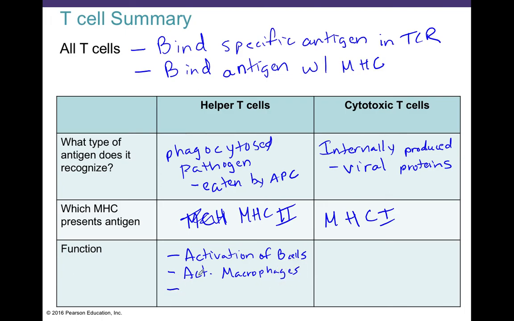And also, we didn't talk about the details of this, but they are needed for activation of cytotoxic T lymphocytes, or cytotoxic T cells. So these helper T cells are kind of the regulators of the immune system. They're overseeing all these different functions of the immune system. And the cytotoxic T cells, their main function is to kill infected cells. So they're both recognizing unique antigens, but the end result of what they do is quite different.